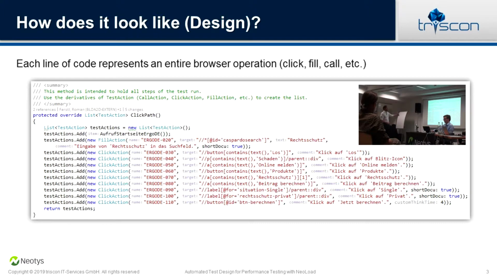But one thing is give it a name, and of course you need a target, and the most simple thing to do is targeting an element with XPath, which is simply parsing the HTML document you get in the browser and saying, okay, the element I want to click is the button that contains the text "los" or "go".